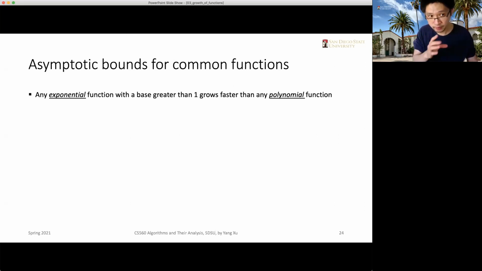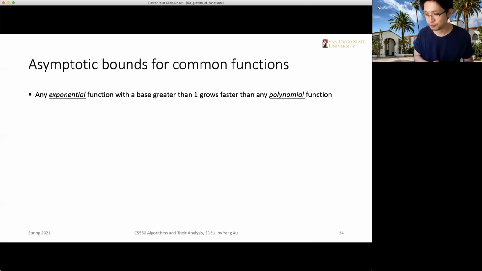This type of exponential function has a base that is greater than 1, okay? Because if the base is, say, 0.5, then it is a decreasing function, which is not of our interest here. So for any exponential function that has a base greater than 1, it always grows faster than any polynomial function.